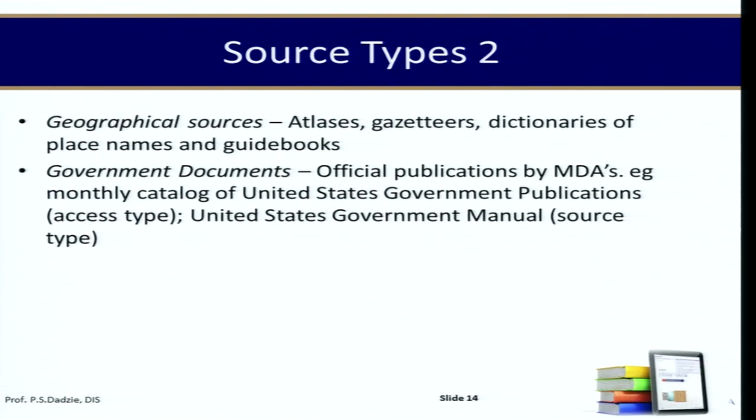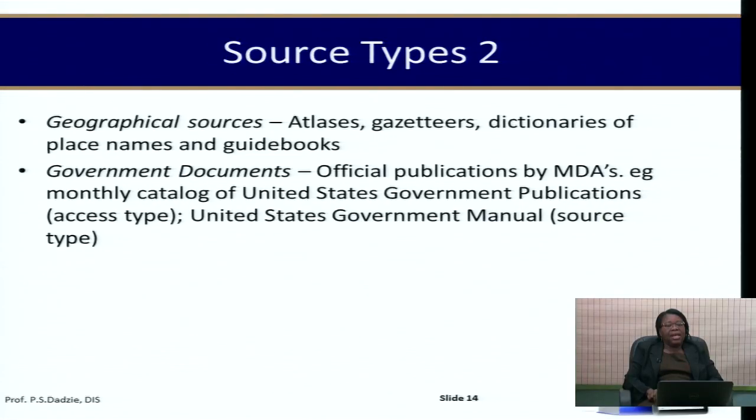We have other source types, such as geographical sources. Examples: atlases, gazetteers, dictionaries of place names. A gazetteer is simply a dictionary of place names. And we also have guidebooks.